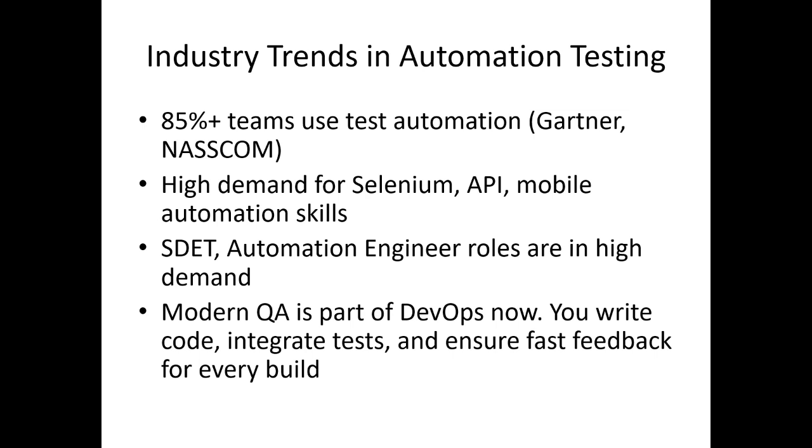Coming to the roles, there are multiple roles like automation engineer and senior automation engineer, and among these the very high demand is for SDET, which means software development engineer in test. That is very highly demanded.